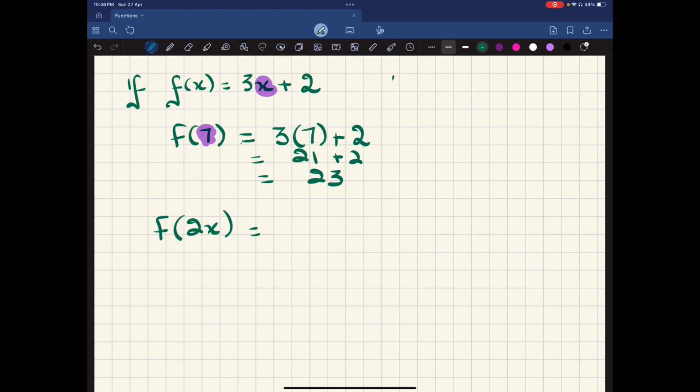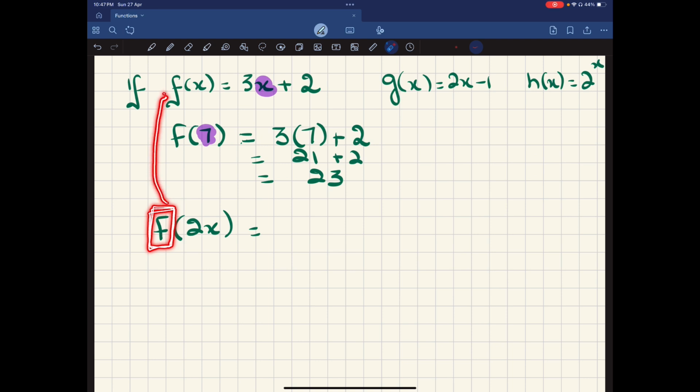So let's do this. g of x is equal to 2x minus 1. h of x is equal to 2 raised to the power x. So you have a couple of functions in the question. Now, how you're going to read this is that this is the name of the function. So this is going to tell you that you have to go to function f, and then in place of x, what are you going to substitute? You're going to substitute this.